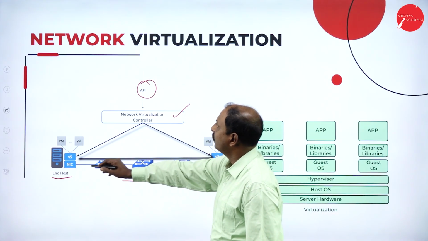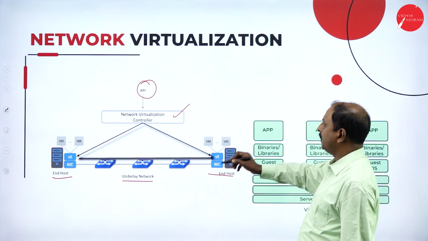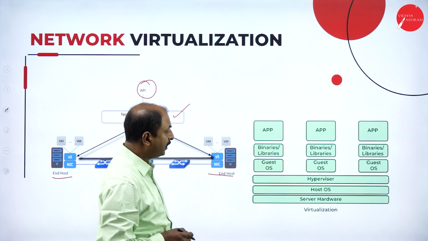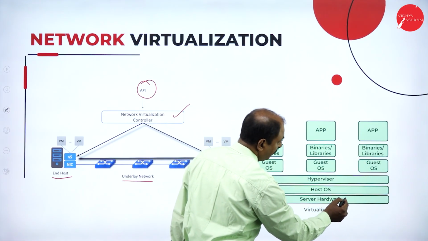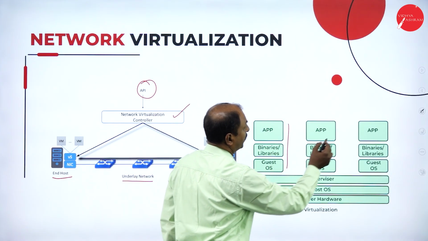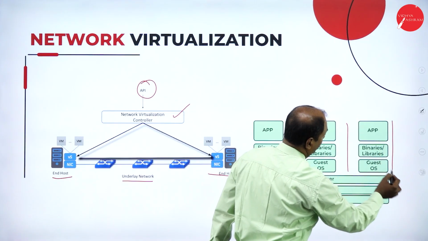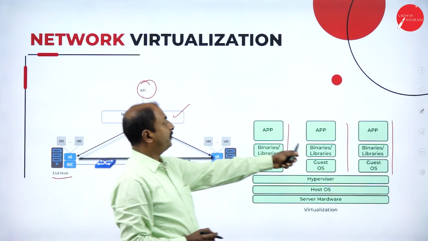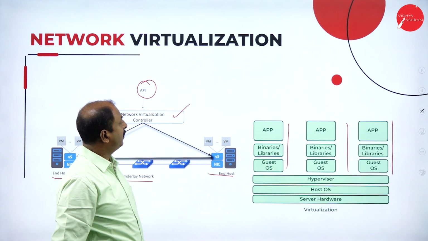So this is how we are going to create a network virtualization environment. And if you look at another diagram here, this is the hardware, and this is the hypervisor, and these are the different users or environments through network virtualization. All these are different network virtualization environments.